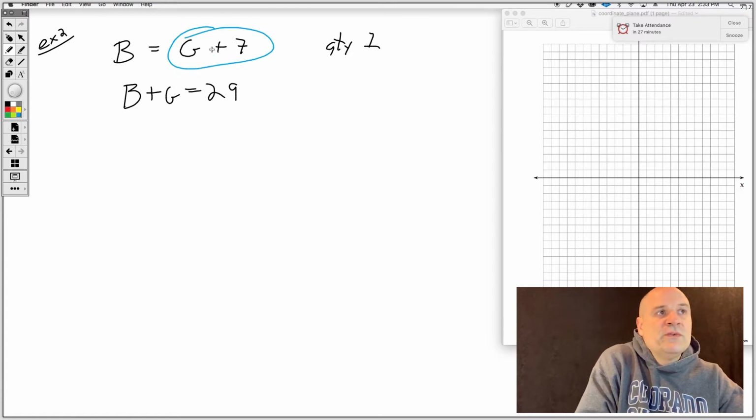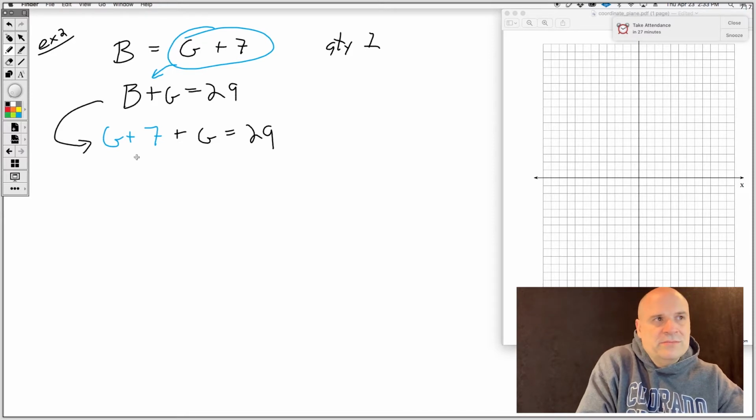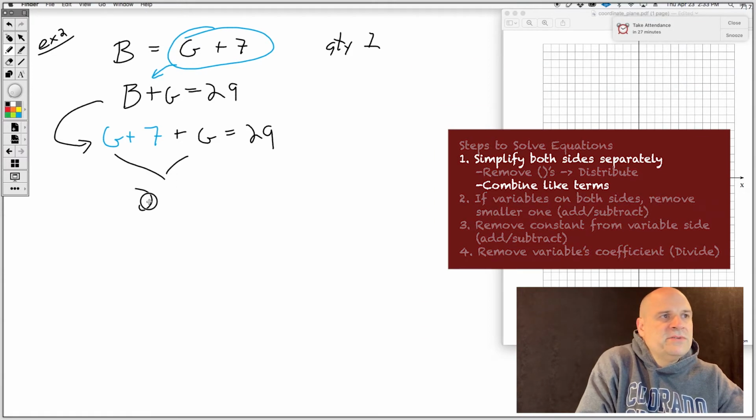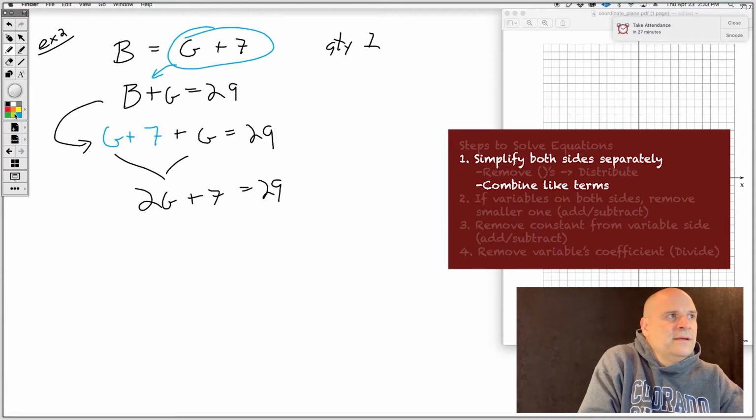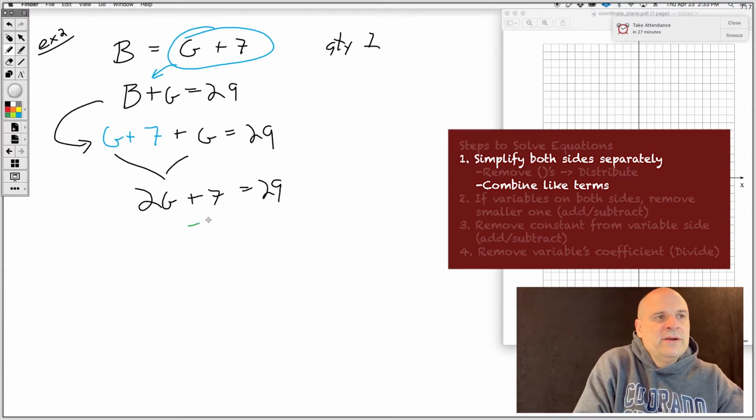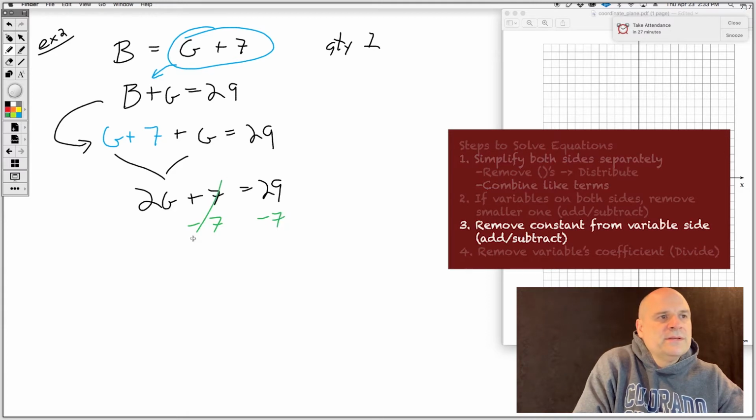Here's our expression for B. So we're going to plug that in for our B right there. Let's do it. G plus 7 is our new B, plus G equals 29. All I did was rewrite this equation. Combine like terms. 2G plus 7 equals 29. Get rid of the constant on the variable side. So 2G equals 22.